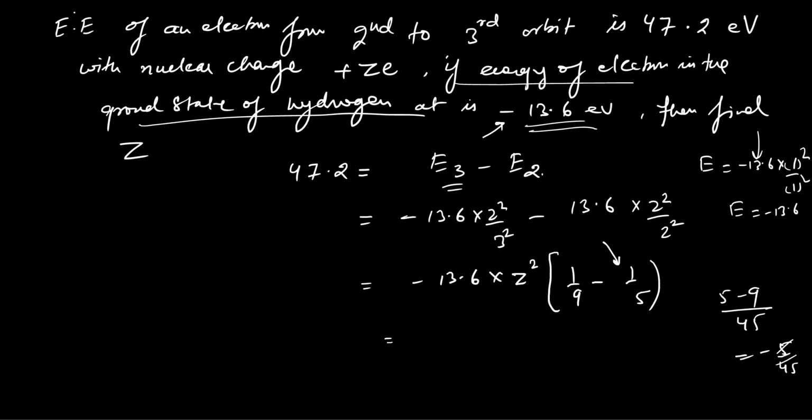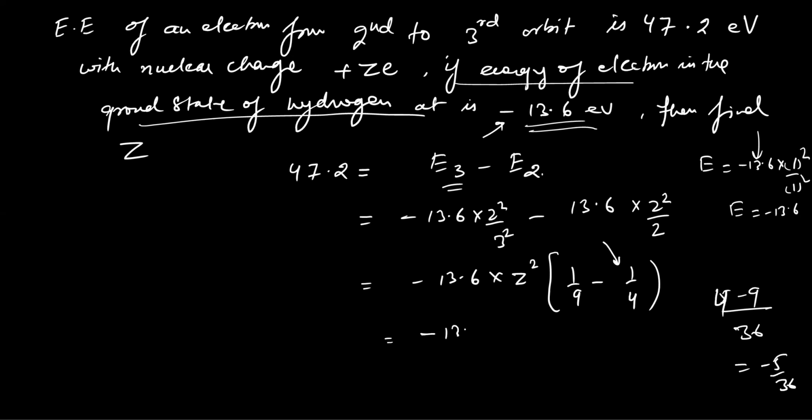Sorry, it is not 5, it is 4: 2 square is 4. The LCM of 4 and 9 is 36, so you'll get minus 5 by 36. Got it?